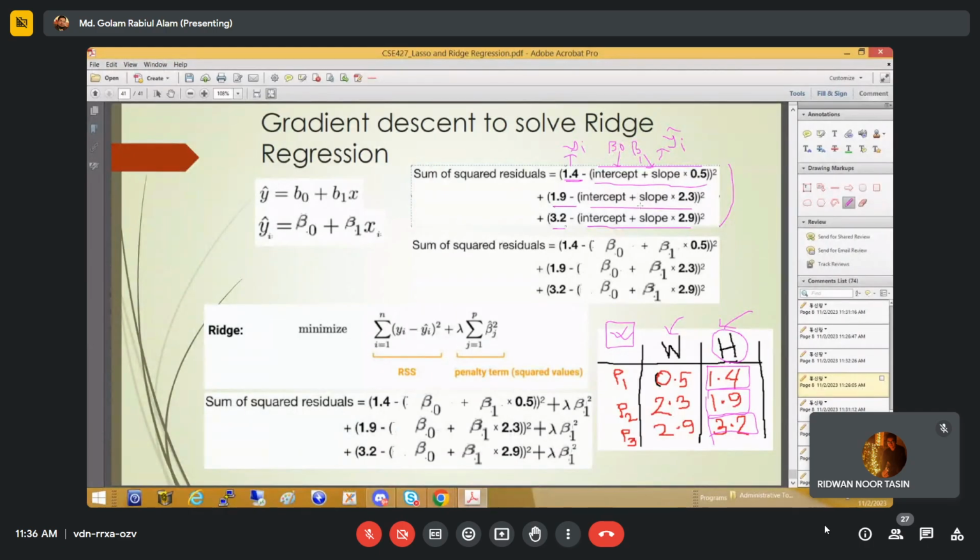So these are the betas. We want to minimize this based on these variables. In this example, we have two learning parameters: one is beta 0, another one is beta 1.